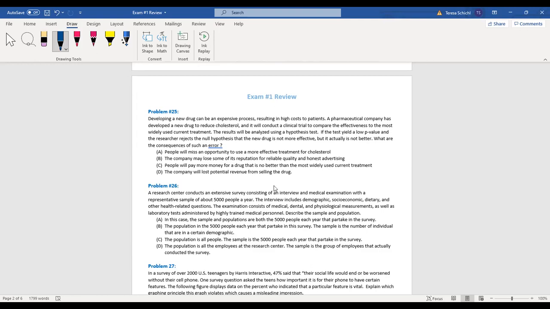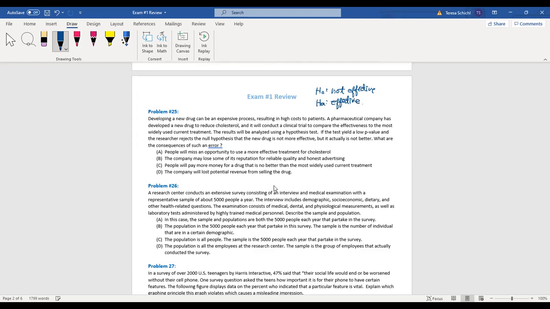Like we mentioned before, when we do this type of problem, let's always write it out so we don't get confused. The H0 is that the drug is not effective. HA is that it is effective.